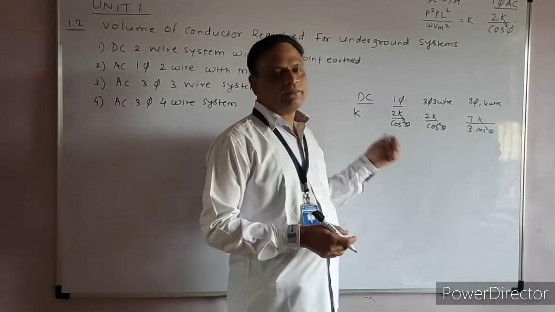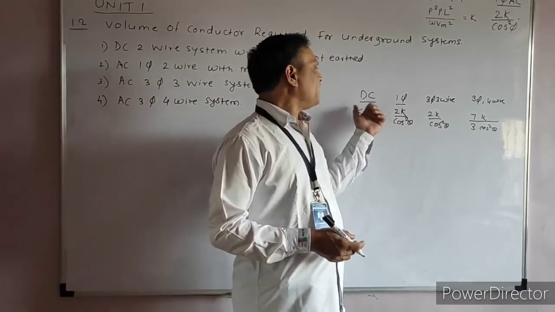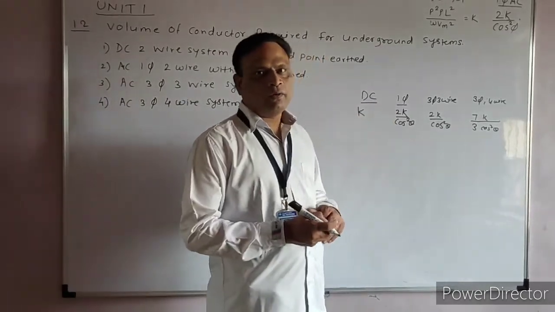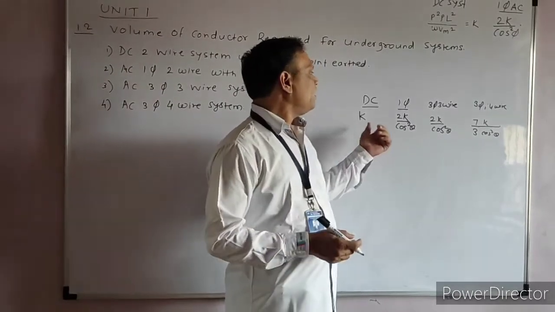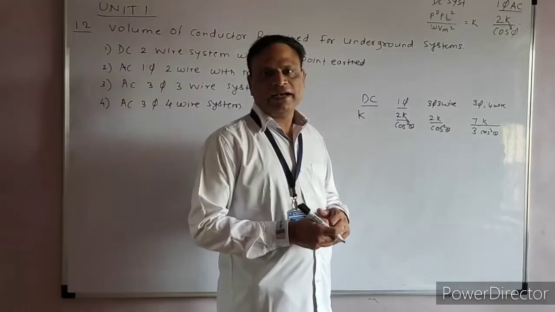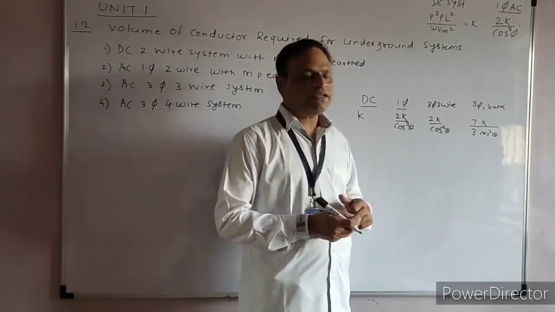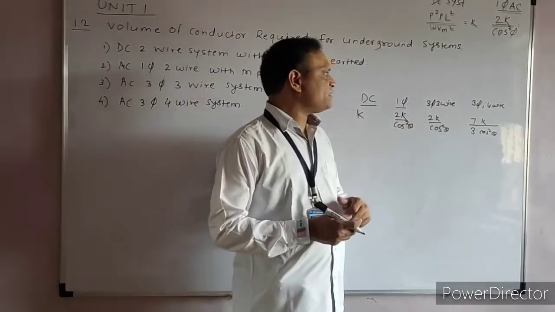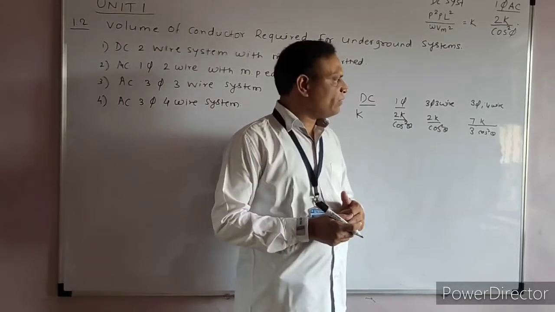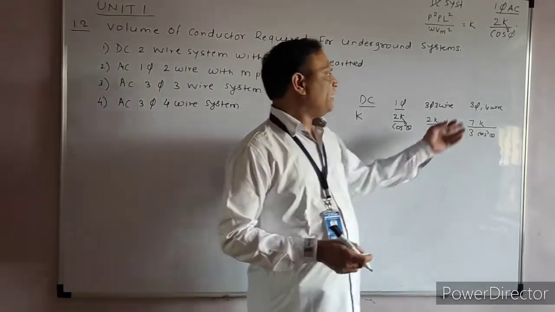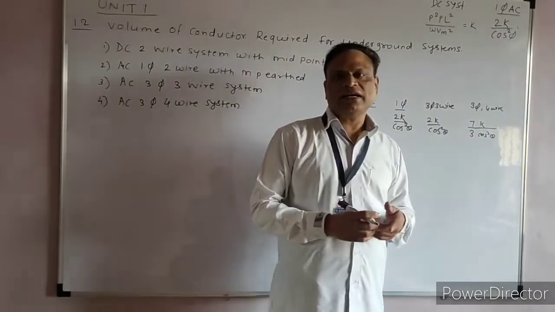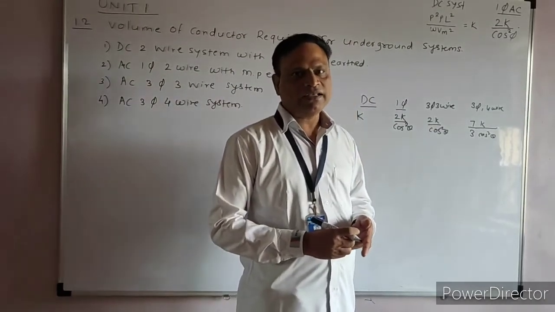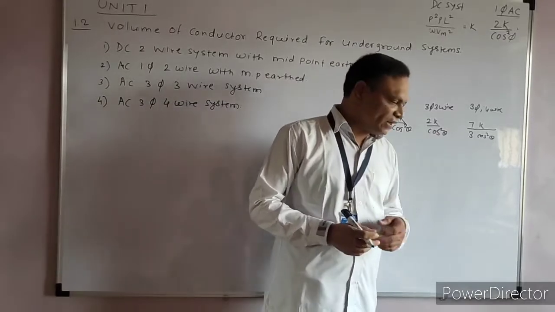If it is DC, it requires a very small volume of conductor. For midpoint earth it is K, but in case of single phase it gets doubled even though the power factor is unity. In the 3-phase 3-wire system it also gets doubled even though the power factor is unity, and in case of the 3-phase 4-wire system it becomes 2.33 times even though the power factor is unity. This was regarding the overhead systems.